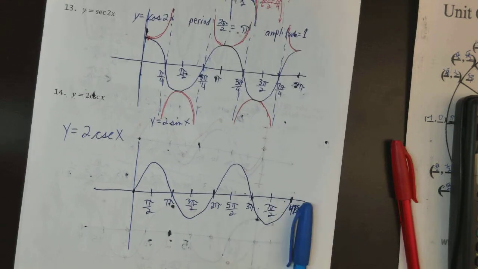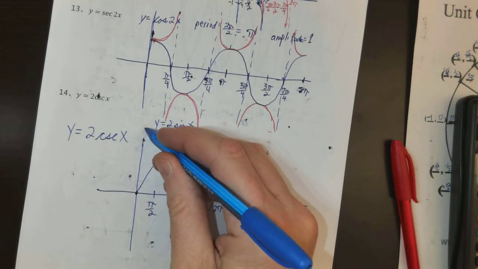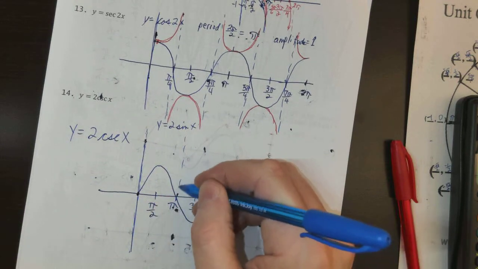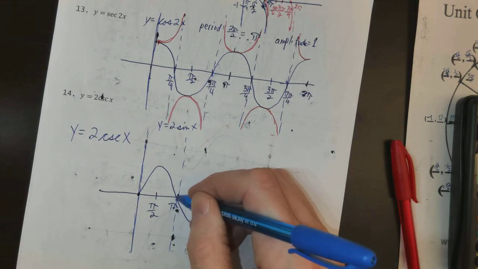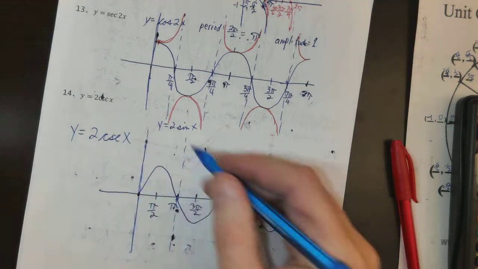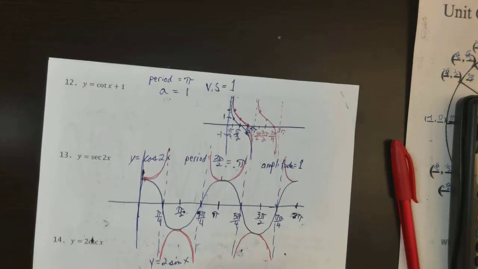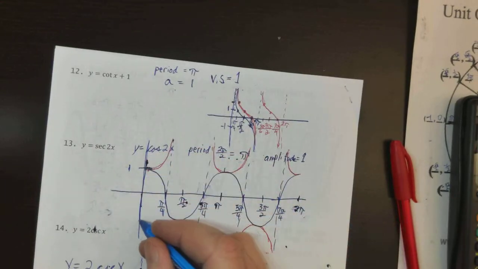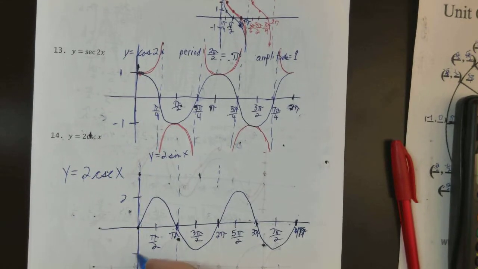Once again, for cosecant, we cannot divide by 0, so we are putting asymptotes where sine is 0, because this is 1 divided by sine, or 2 divided by sine on this one. While I'm thinking about it, this is 1, this is negative 1. This is 2, the amplitude is 2, this is negative 2.